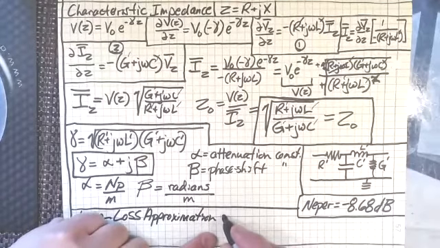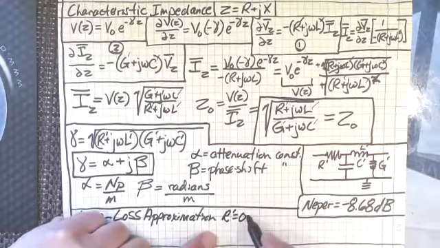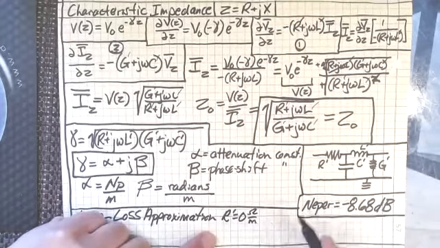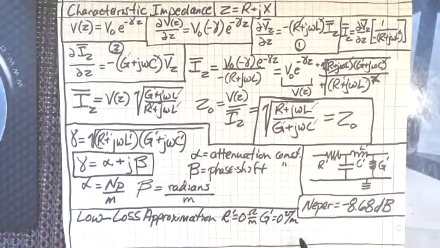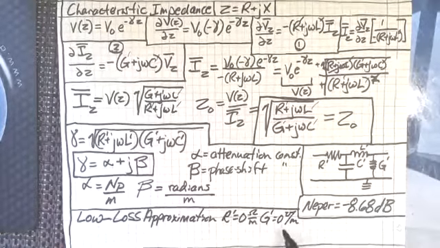And the low loss approximation states that R prime equals 0 ohms per meter and G prime equals 0 mhos per meter. All right? That's what it says.